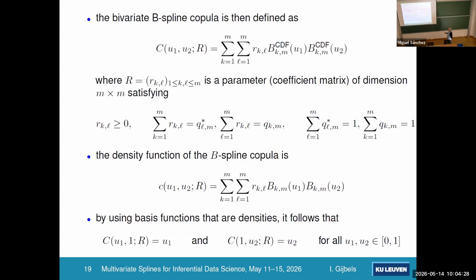So you need to request that if you sum over all the rows of the matrix and all the columns, and then afterwards sum in the other dimension, this all should be equal to 1. And of course, they cannot be negative because a copula is a probability distribution. The density function is easy because you take the derivative, which is the density in your basis. And of course, you need to satisfy all these conditions.